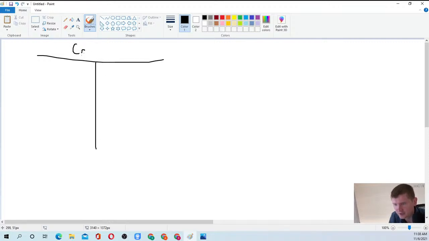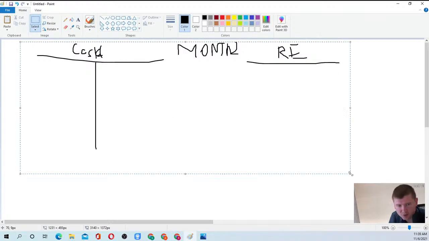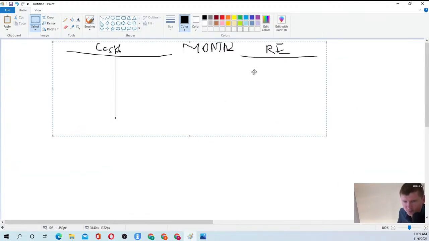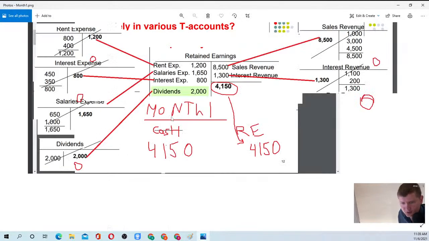So that's our cash. That's our retained earnings. And that's month 2. Let me make it a little bit smaller. On the cash, let's switch here.